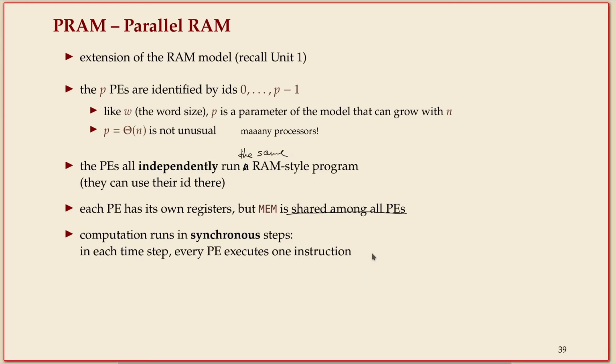And now the last big part of this model that makes programming it much easier is that these P processing elements all run in lockstep. They have globally synchronized time steps, and they all execute one instruction, then they wait for everyone, and then they do the next instruction. Now that's the biggest criticism people have for this model, because this is not what hardware can really do.